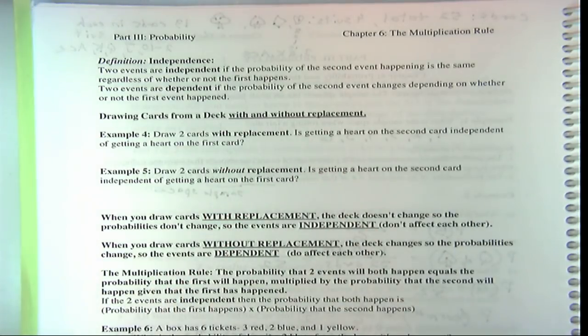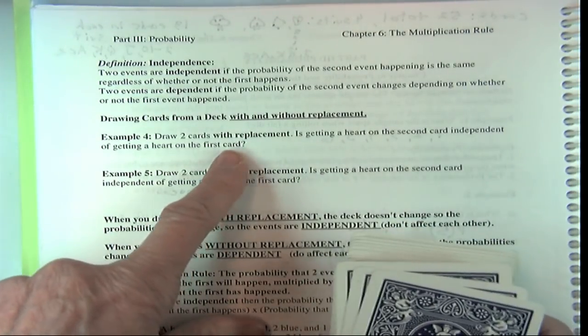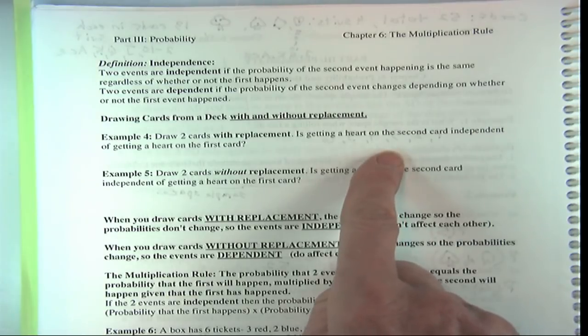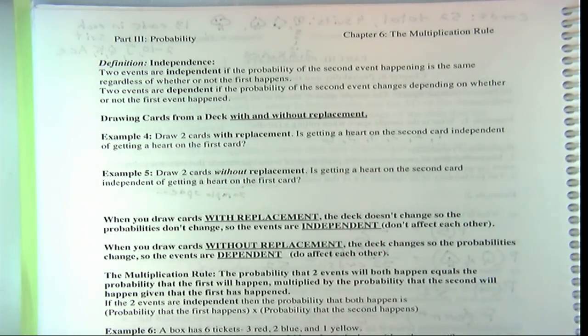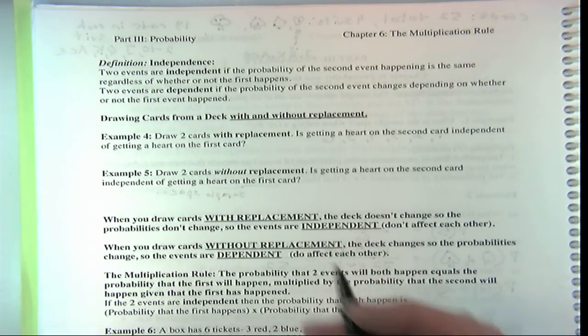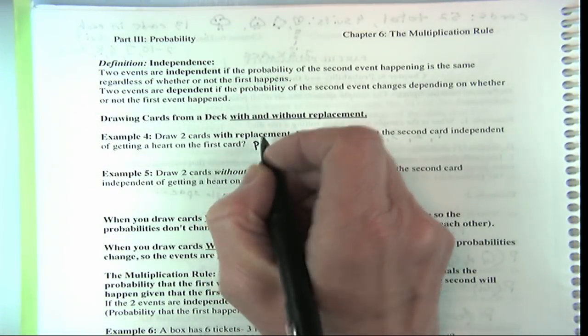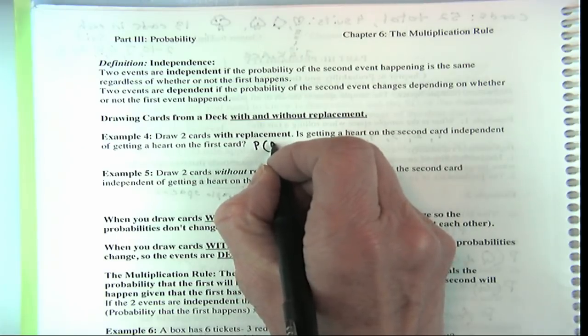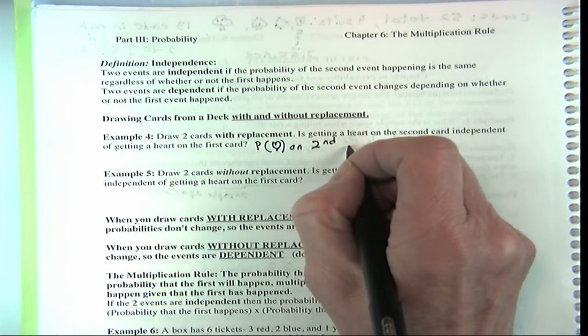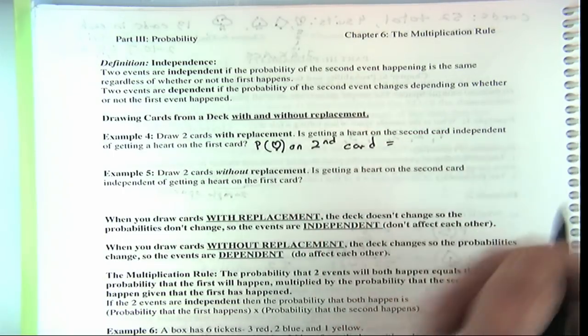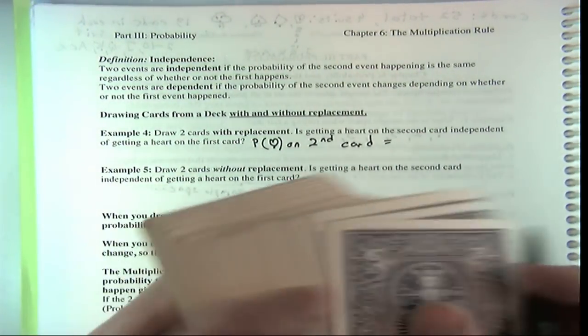So for example, if you draw two cards with replacement, is getting a heart on the second card independent of getting a heart on the first card? So the probability of getting a heart on the second draw is equal to what? There's 52 cards.